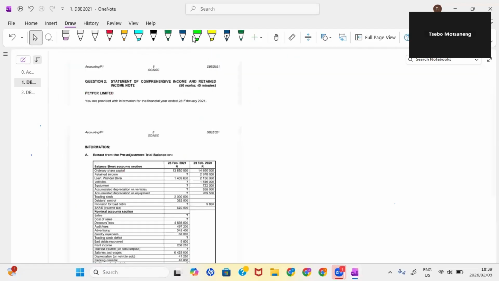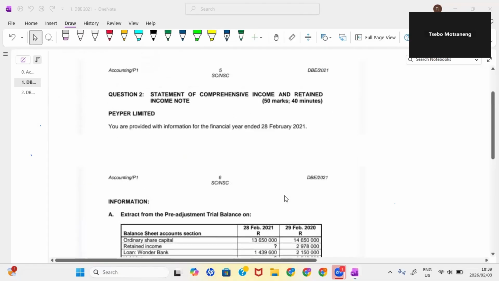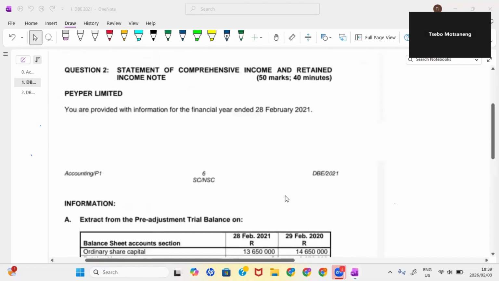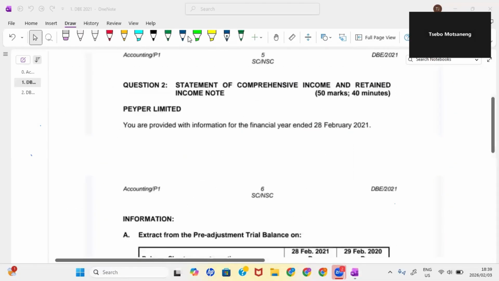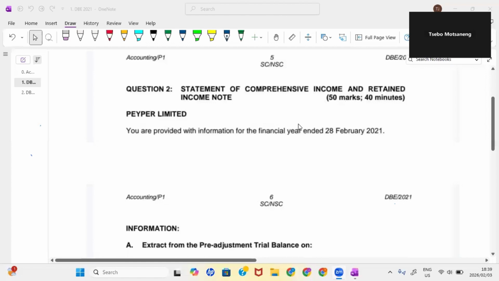Here's our next question. We're dealing with a different question here. The question reads as follows. PayPal Limited, they say you are provided with the information for the financial year ended 28 February 2021.